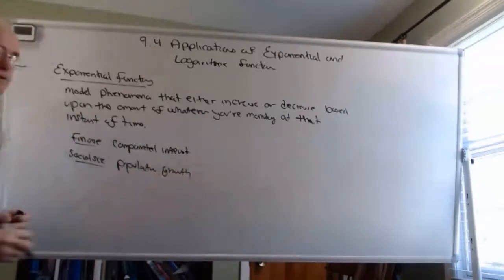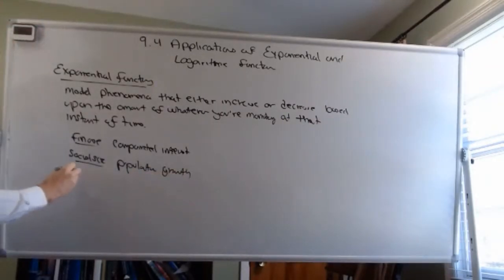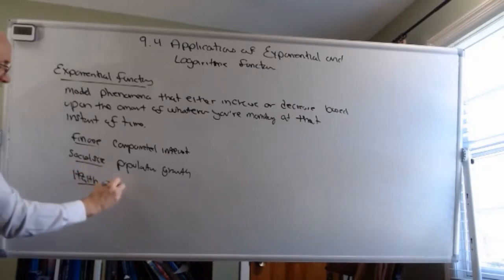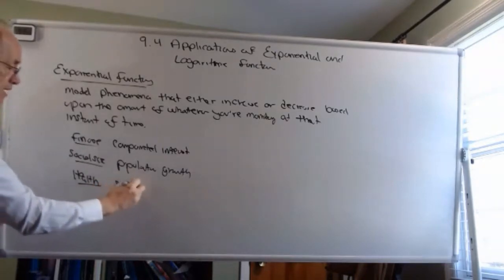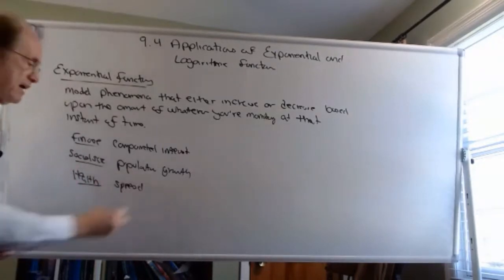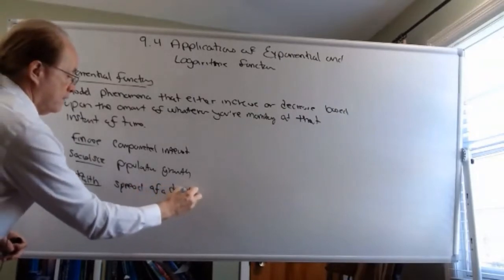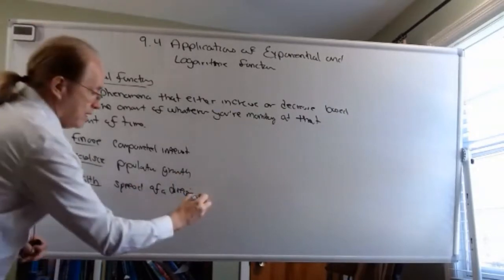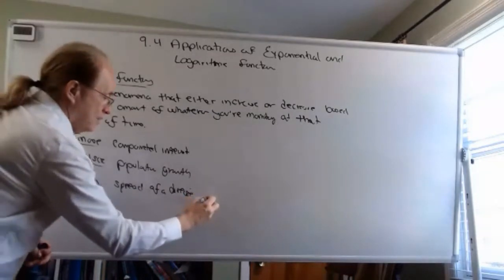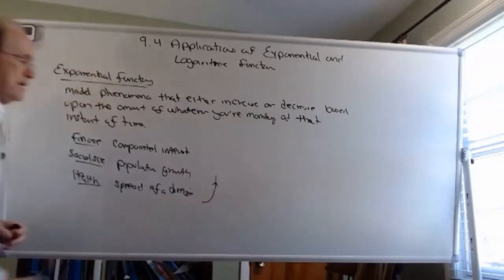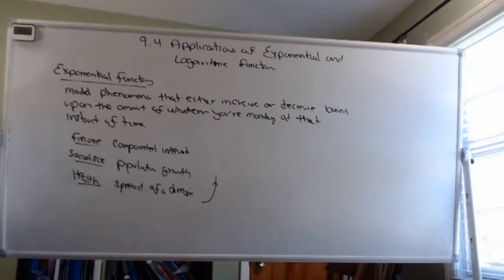So you can plan for a growth of a population. You can also look into health, and it's used to model the spread of a disease. We're going through that right now. That whole thing, when you look at how the COVID is kind of going up like that, turns out to be an exponential growth rate that we're experiencing right now.